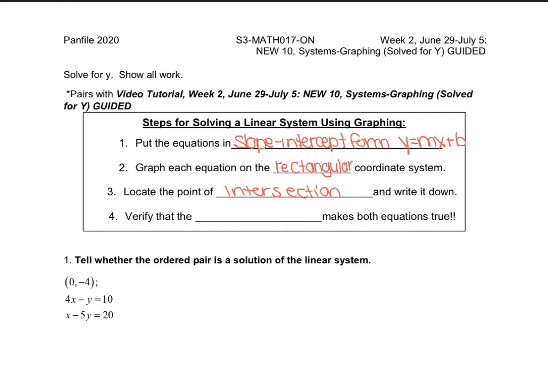And then we want to verify that the ordered pair, our x comma y, makes both of those equations true.